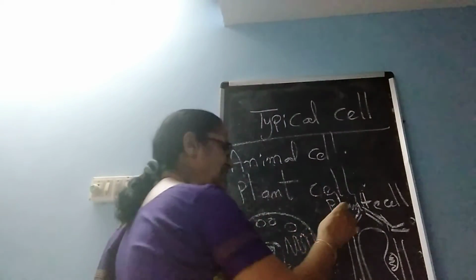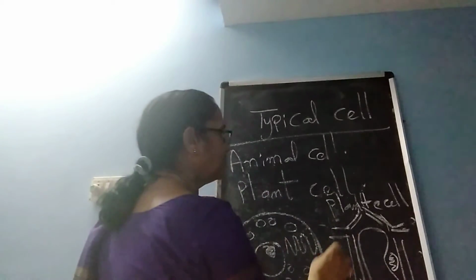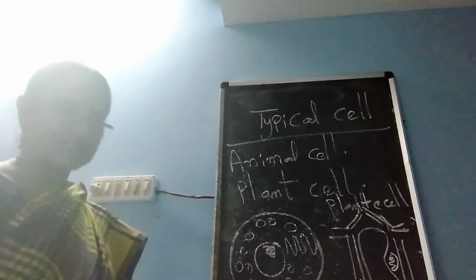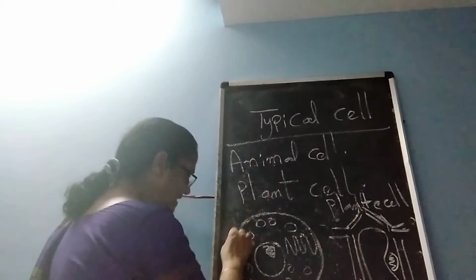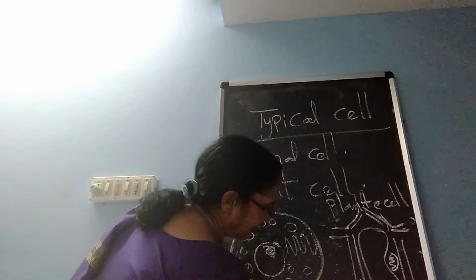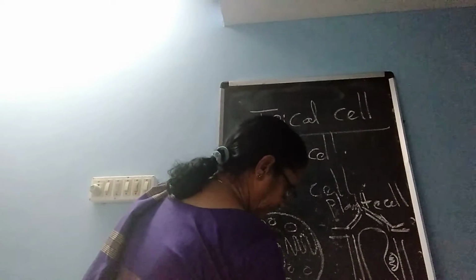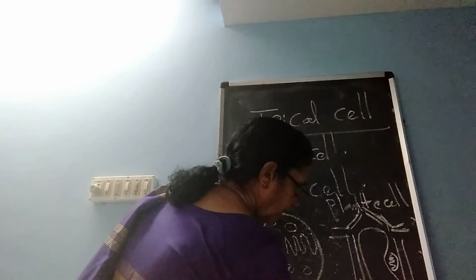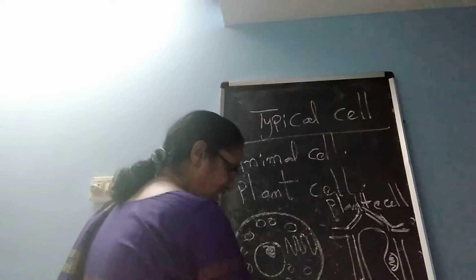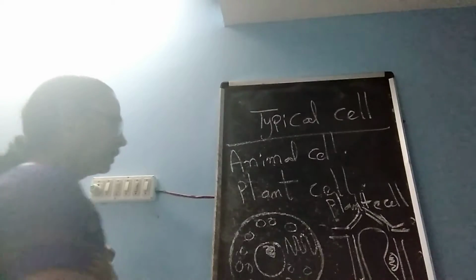And next is the difference between animal cell and plant cell. This is called the cell wall. This is the cell membrane. This is the cell membrane here.